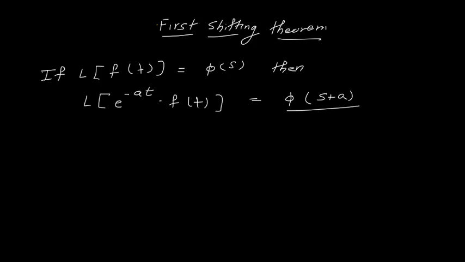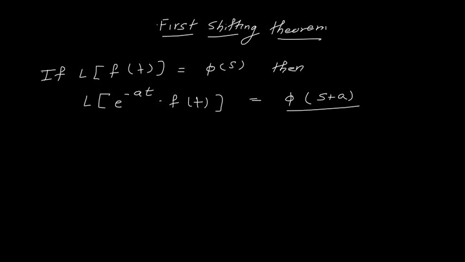That means when your function is multiplied by e power minus at and you know the Laplace of f of t, then you can find Laplace of e power minus at f of t by using the formula of Laplace of f of t. Only you have to replace s with s plus a.